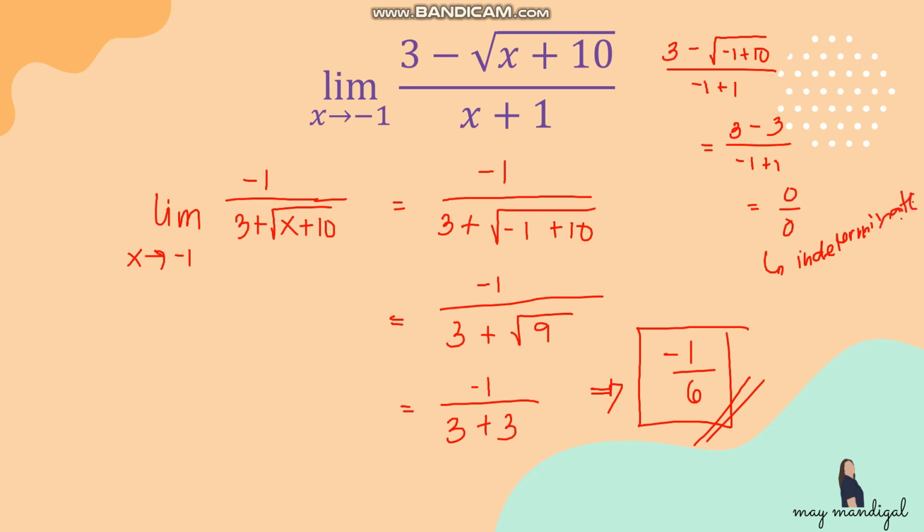So if the function becomes indeterminate after substituting c, that means we have to use conjugates. That is also one of the clues you can use, whether you have to use the conjugate or not. If when you substitute the value of c to the original function it's 0 over 0, or indeterminate, then you will be using conjugates.